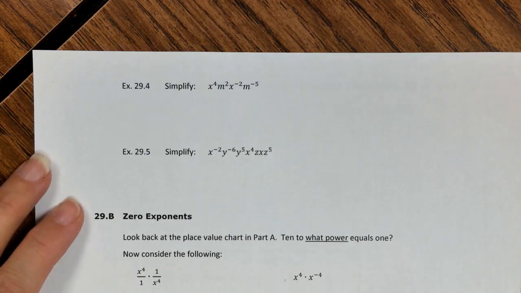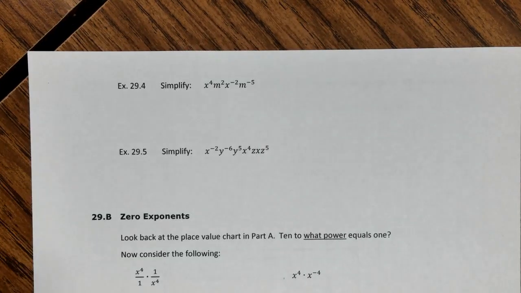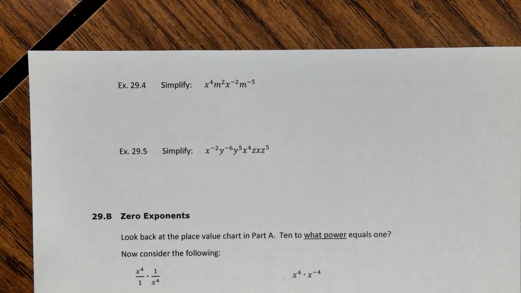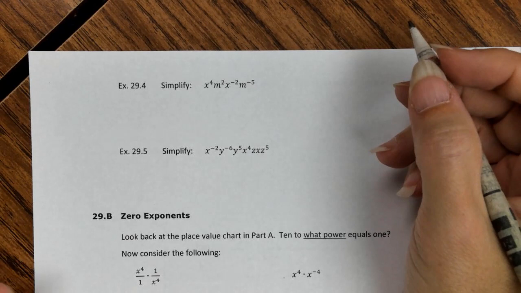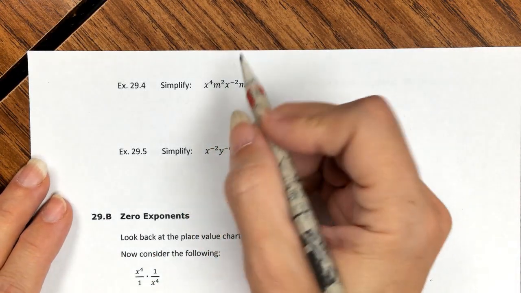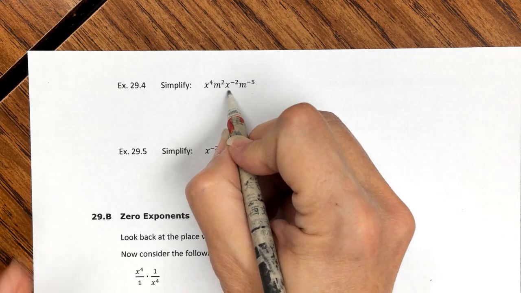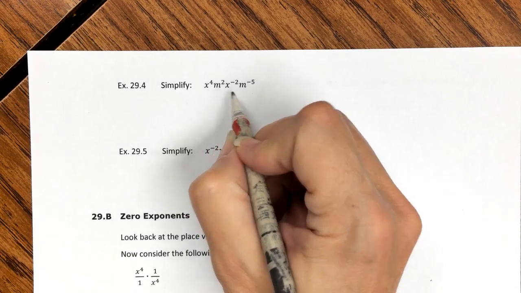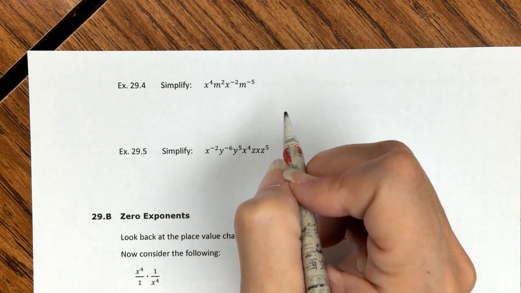Okay, now moving on, we're going to see some examples with a bunch of variables, and I think the book restates the product rule, but I didn't. You have that in your notes from before. I will mention it because we're going to use it here. When we simplify this, we find all the bases that are x's and add their exponents algebraically, and we find all of the bases that are m's and add theirs.